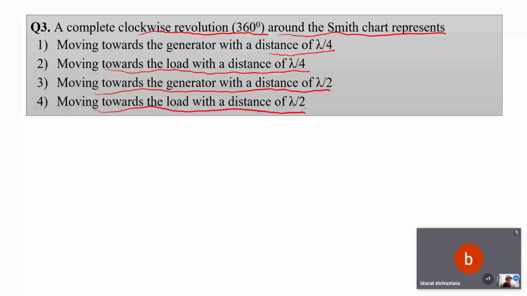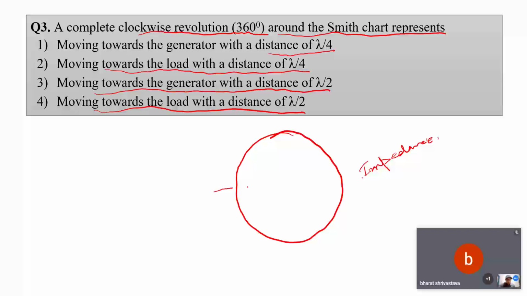As you all know, suppose this is the Smith chart, the normalized impedance Smith chart. In the impedance Smith chart, this represents the short circuit and this represents the open circuit.